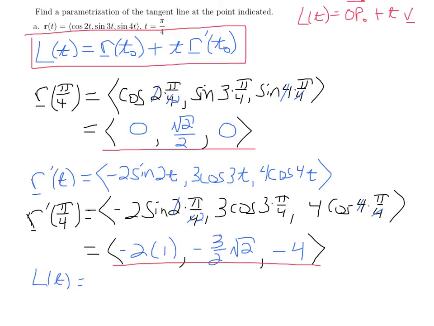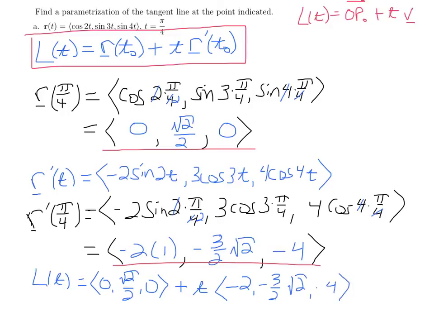So I have L of t equals 0, square root of 2 over 2, comma 0, so that's the vector, plus t, and I could do a little bit of simplification here, minus 2, minus 3/2 square root of 2, comma minus 4. And that's the parameterization of the tangent line at pi over 4. Okay, good luck.